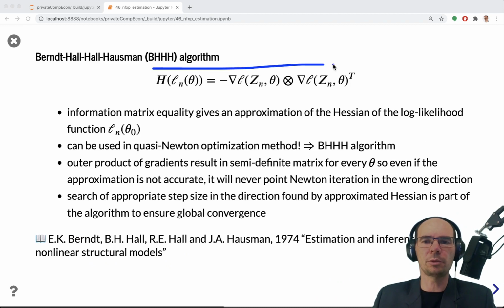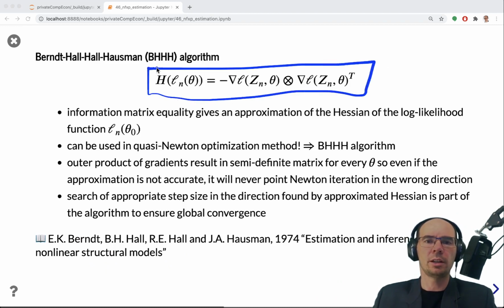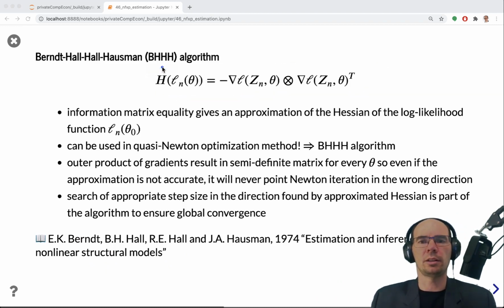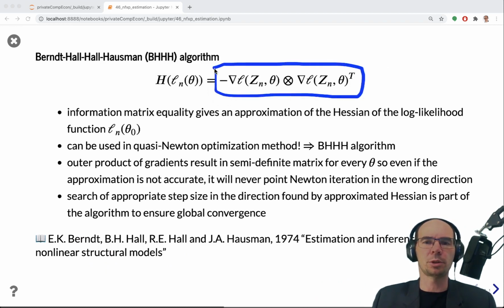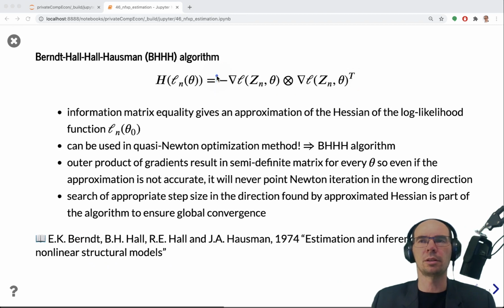So we take from the information equality the fact that the Hessian asymptotically, as n approaches infinity, is equal to the outer product of the gradients computed at each observation in the data. And remember, the Hessian is something that we do need to calculate for the Newton optimization method.